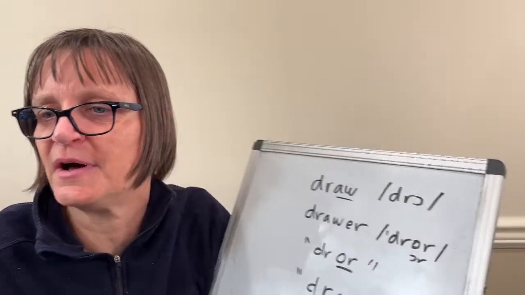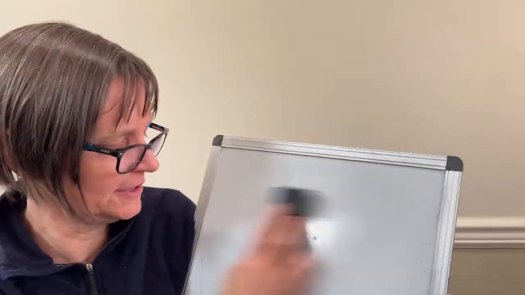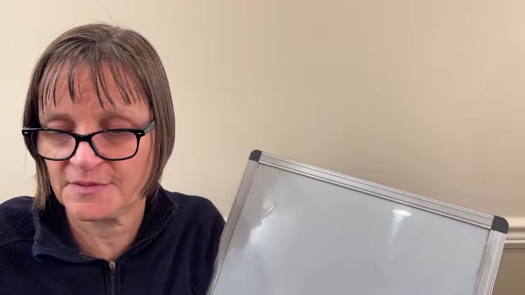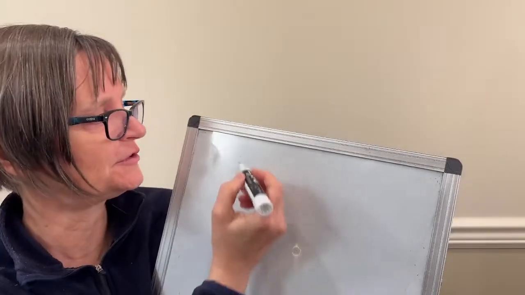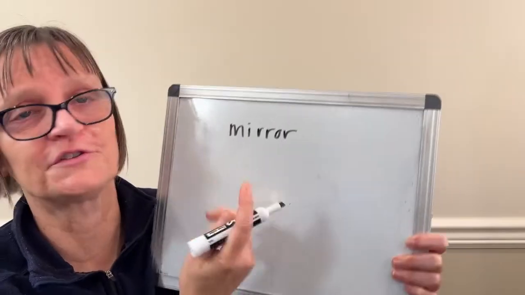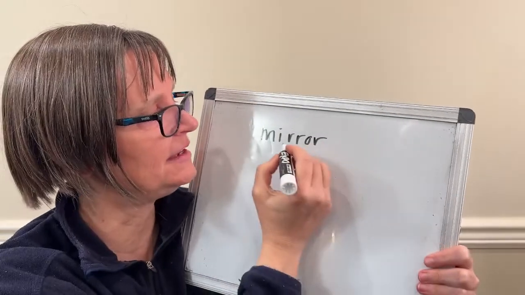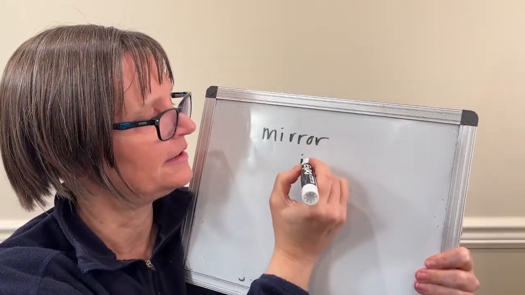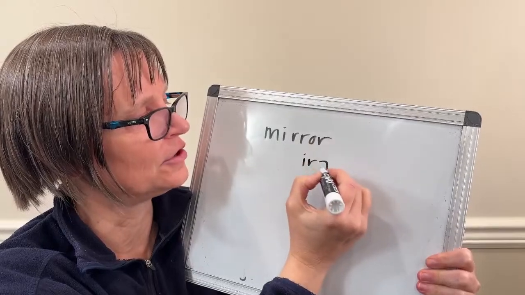We have a question about mirror and horror. So similar to drawer, except for 2 syllables. So for mirror, also no or sound, we have the ear diphthong and then an ER sound.